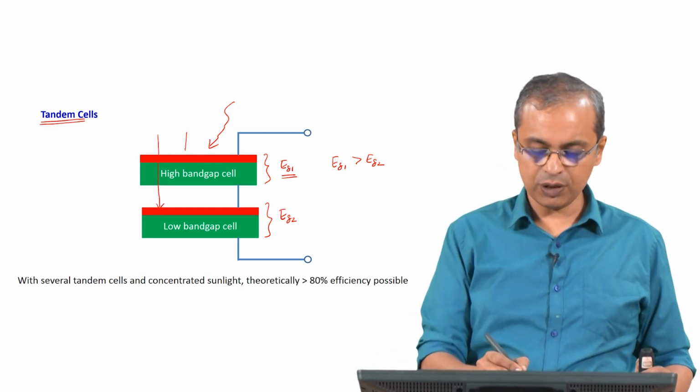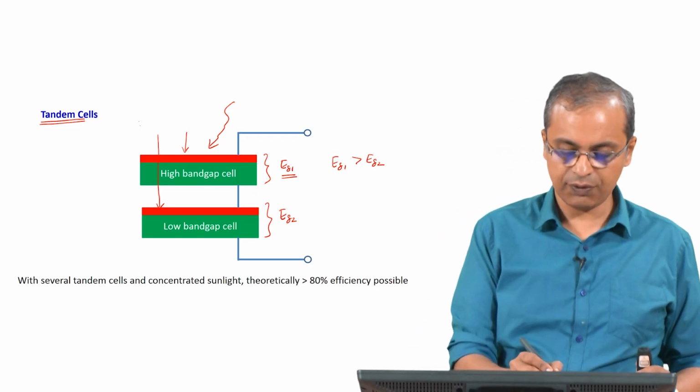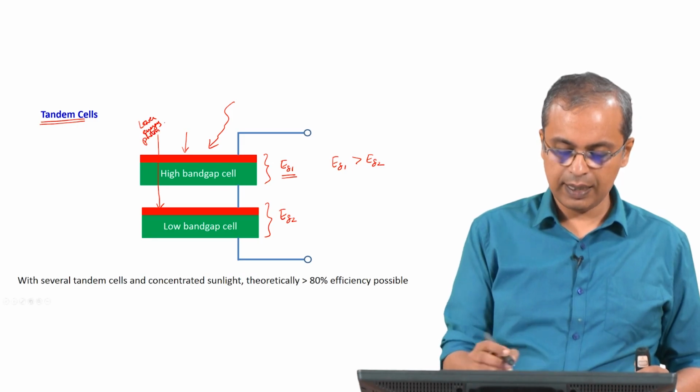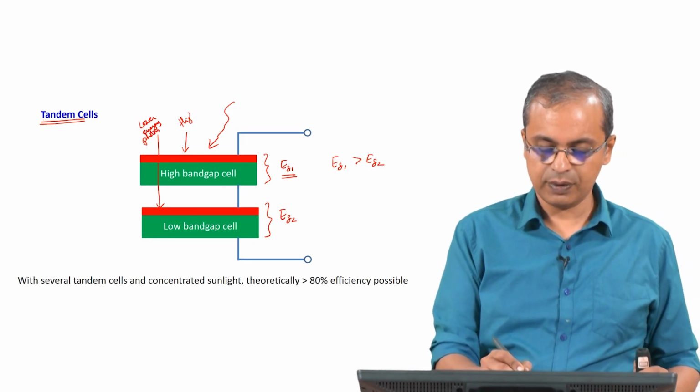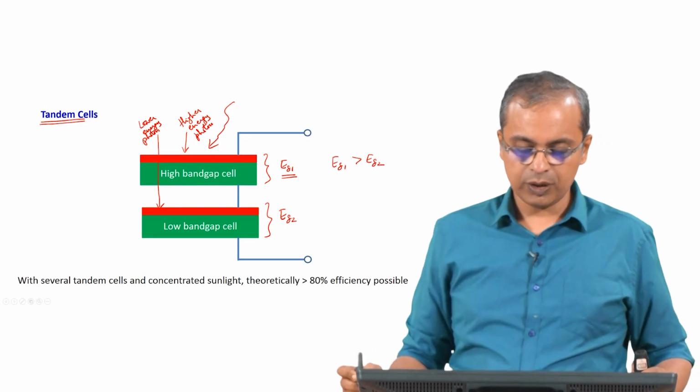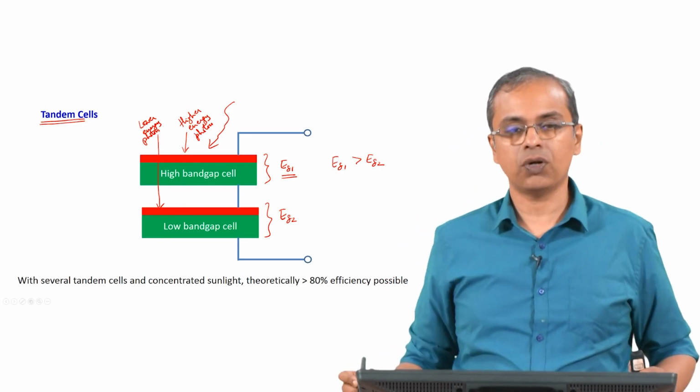The higher energy photons will get absorbed. So, lower energy photon, and this is the higher energy photon. So, the higher energy photon gets absorbed by the top cell.